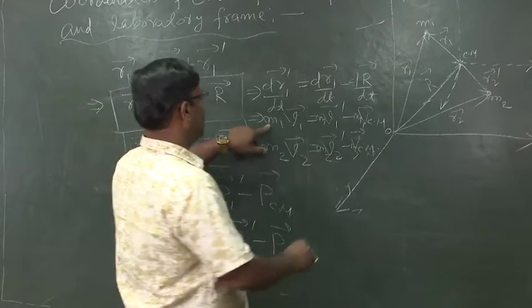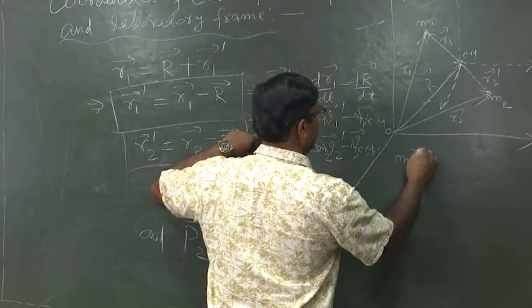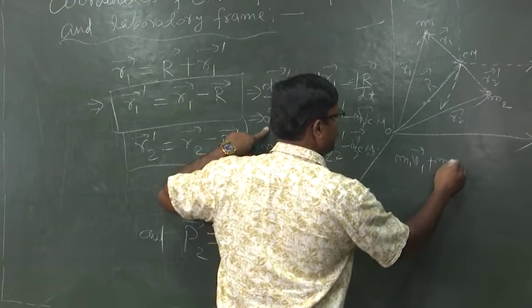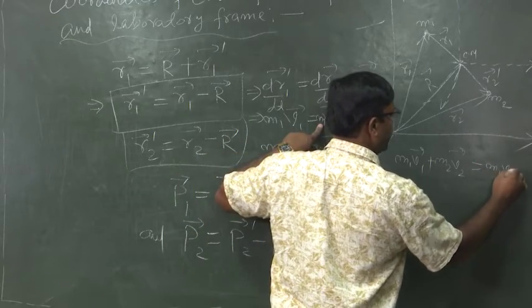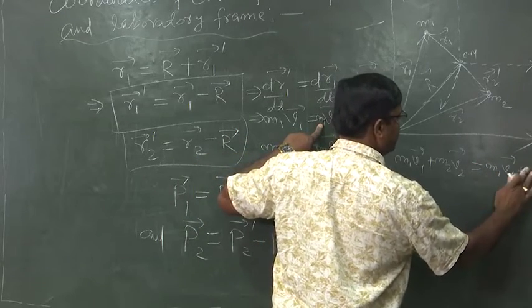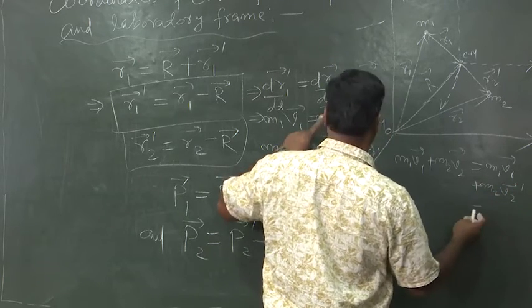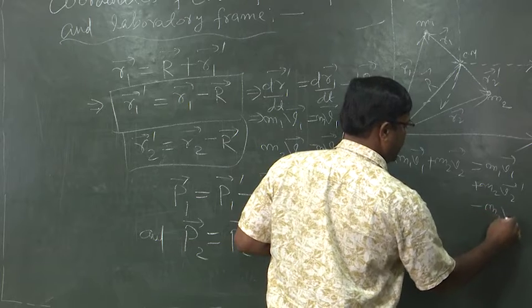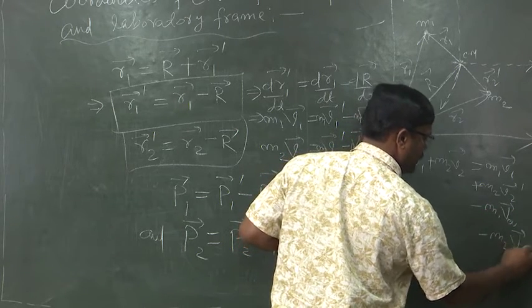Adding these two equations, we get m1 v1 plus m2 v2 is equal to m1 v1 dash plus m2 v2 dash minus m1 v center of mass minus m2 v center of mass.